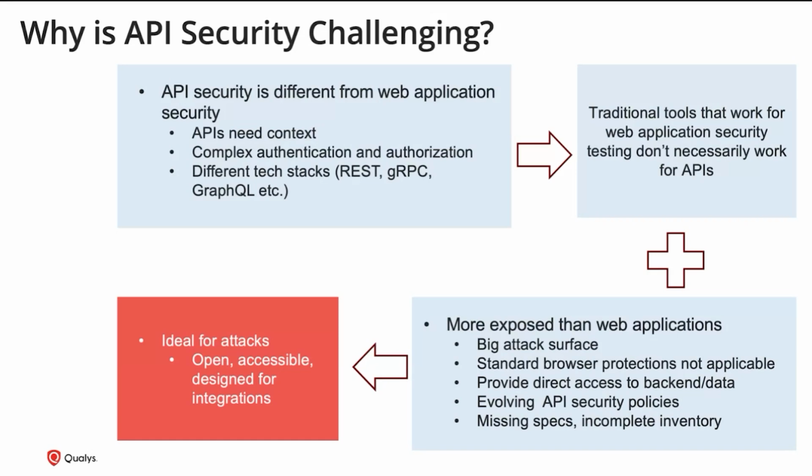And APIs also provide direct access to the backend, to data. Also, APIs are a relatively new phenomenon in the sense that in the last 10 years, they have exploded and adoption has increased very significantly.